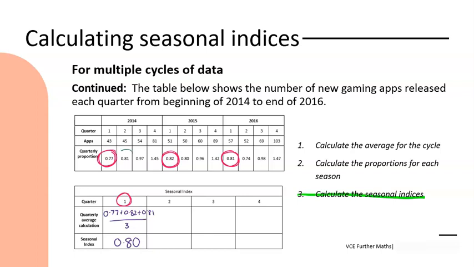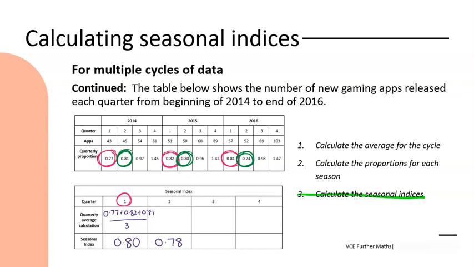So for quarter 2, I would take the values 0.81, 0.8, 0.74, add those 3 values together and divide by 3 to get the average, and I get 0.78.